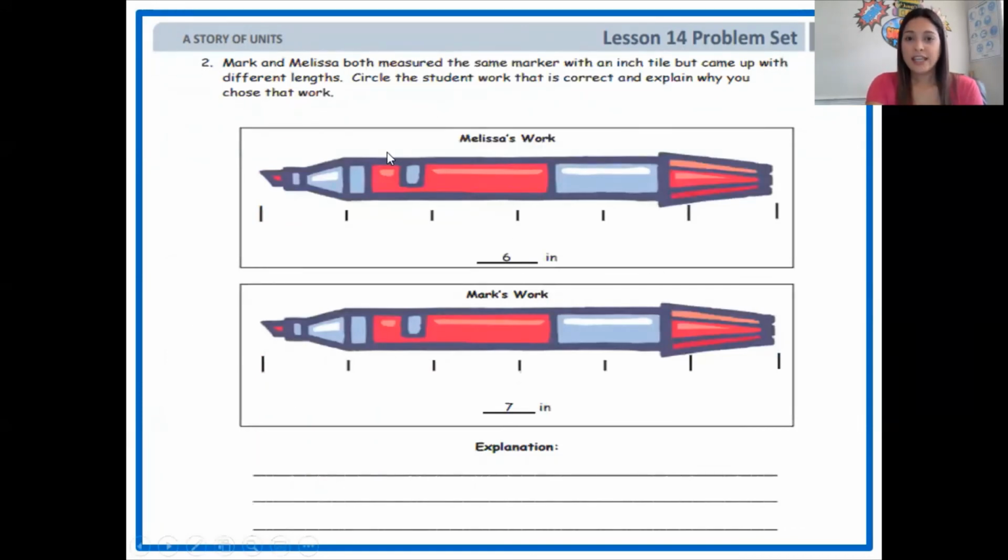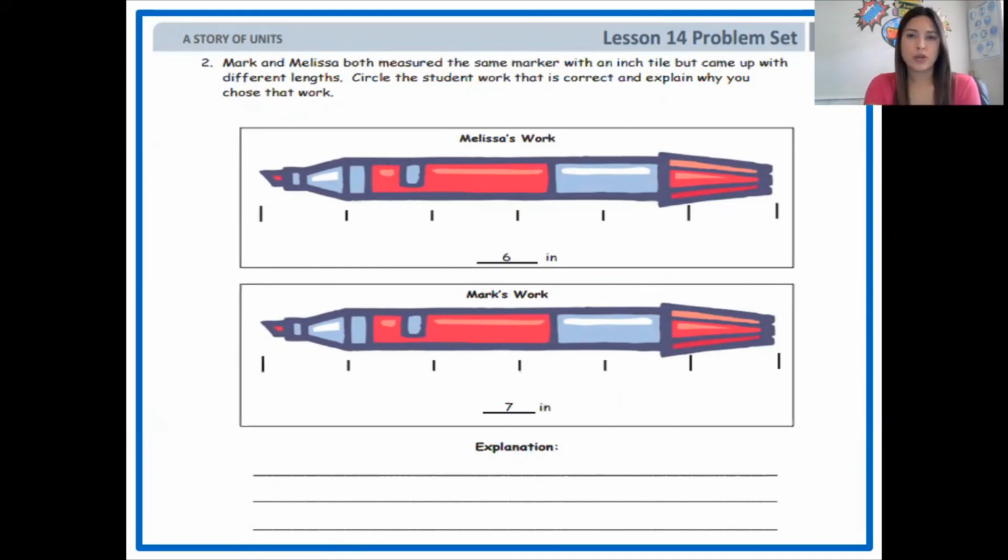Now for the next one on your problem set, for this part, you do not need a measuring tool because if you see, the lines are already there for you. This one says, Mark and Melissa both measured the same marker with an inch ruler, but came up with different lengths.